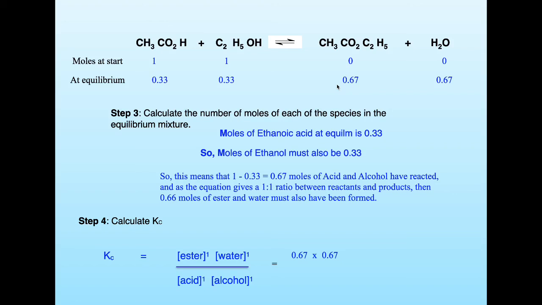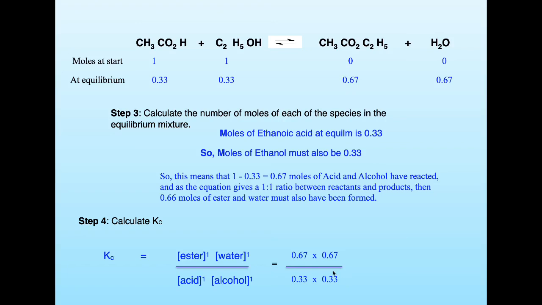But this is a special example in that all of these substances are in the same volume. Okay? So if we want a concentration, we have to have moles per decimeter cubed, so moles over volume. But because we have two terms in the numerator and two terms in the denominator, the volume terms cancel here. So it doesn't matter what volume we've got, the volume terms cancel.